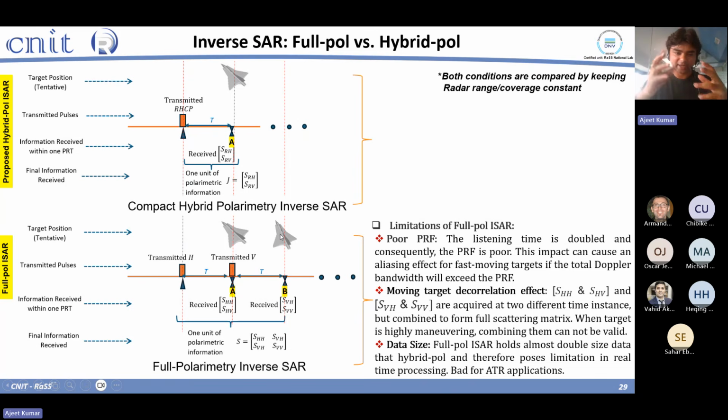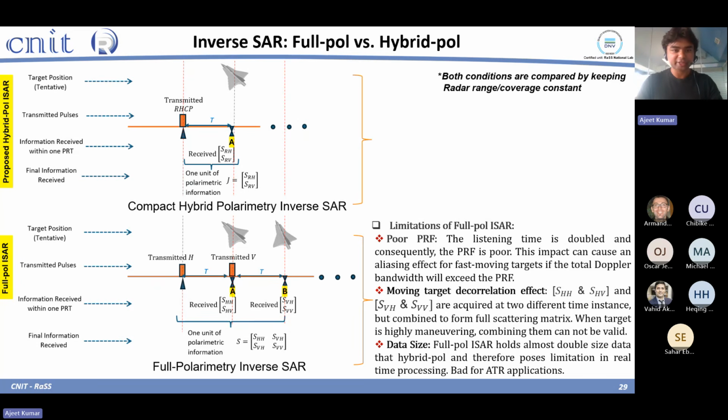It can have a rotation, or a translational or rotational motion of any kind. The information you acquired is not from the same target. The orientation has changed, the surface has changed, the structure has changed, and you cannot consider these two as coming from a similar scenario. It is not a good way of combining them, from my point of view. That can create a decorrelation effect, right? Especially for a very fast moving target.